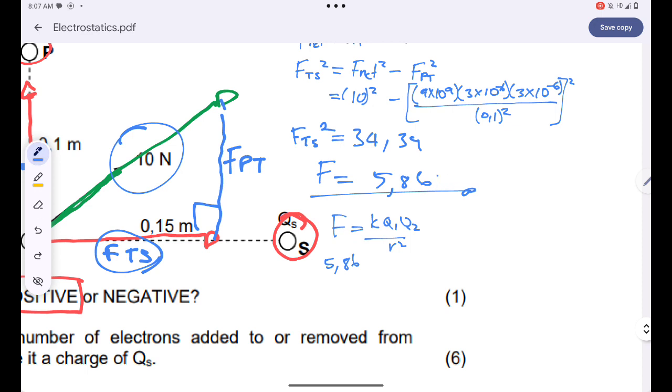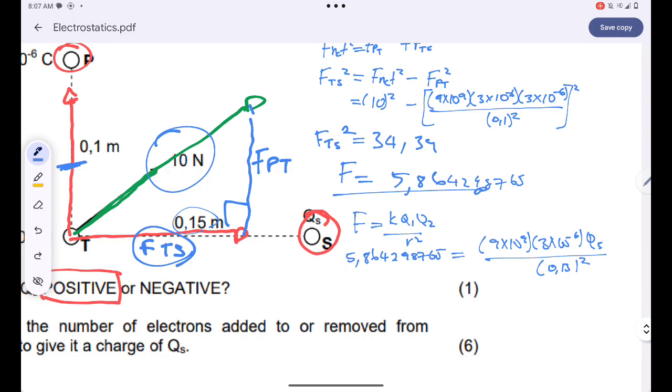It's 5.864298765. That's equal to 9 times 10 to the power 9, times 3 times 10 to the power negative 6, times the charge I'm looking for, charge S. The distance between the two is just 0.15 meters.